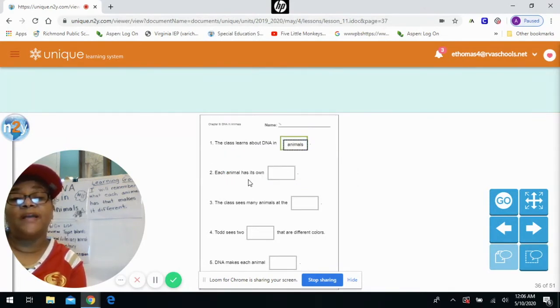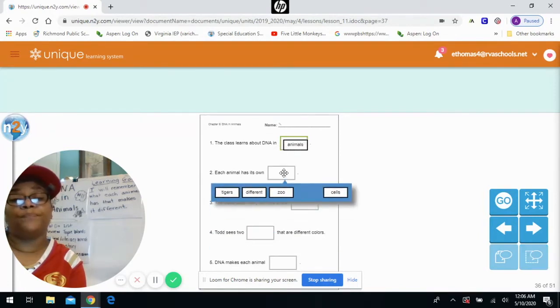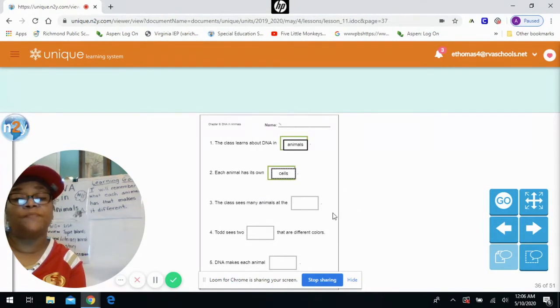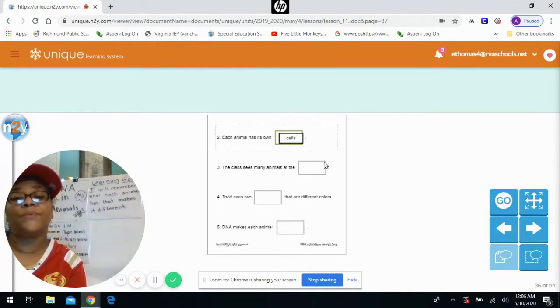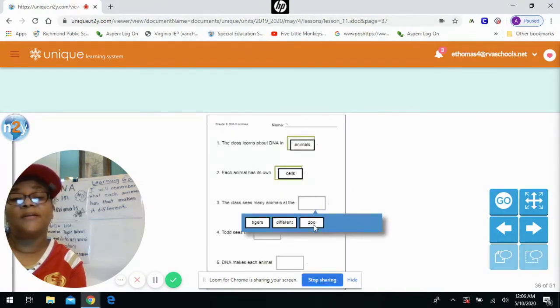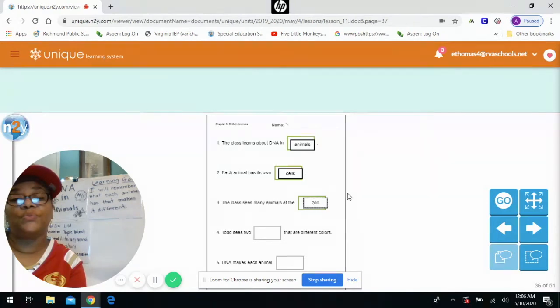Each animal has its own what? Does it have its own tiger, different, zoo, or cells? Each animal has its own cell. Very good. The class sees many animals at the what? Where did they go? They went to the zoo. Yes.